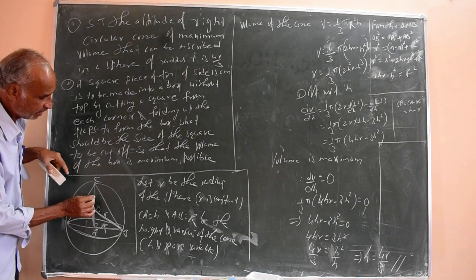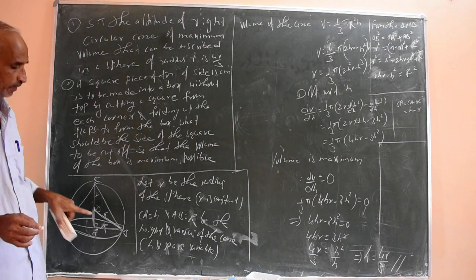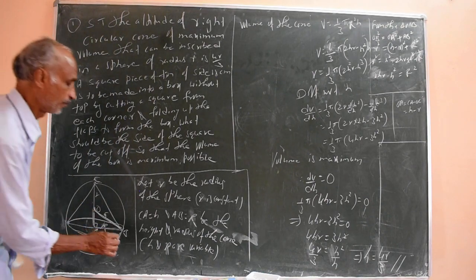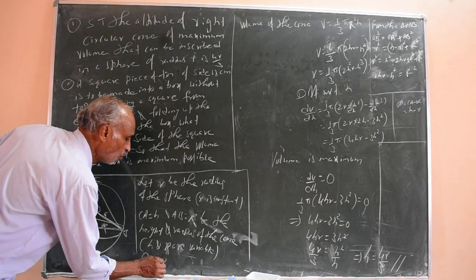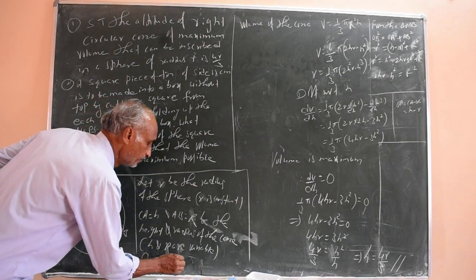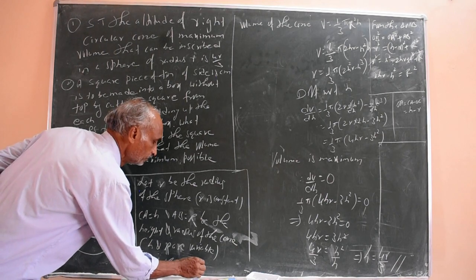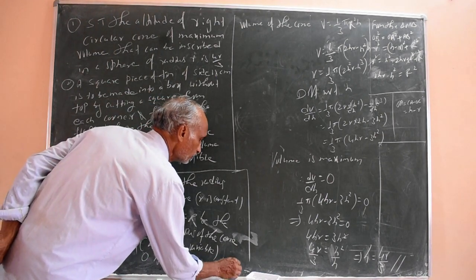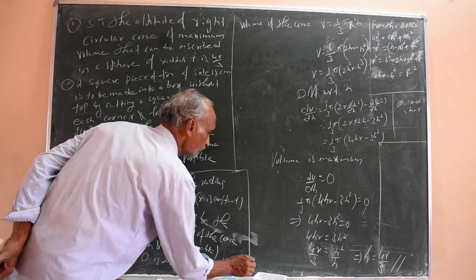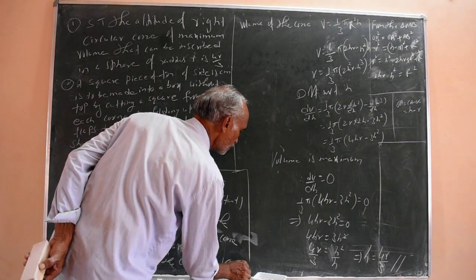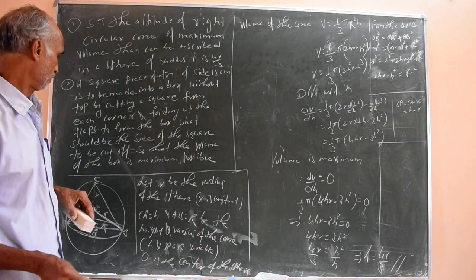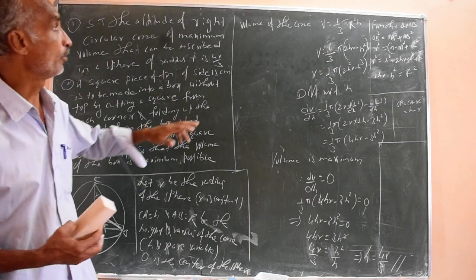OC is the radius, the smaller r, of the sphere, because O is the center of the sphere. Therefore OC is equal to r.